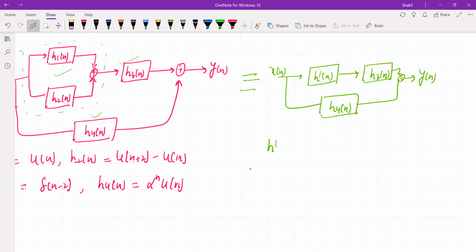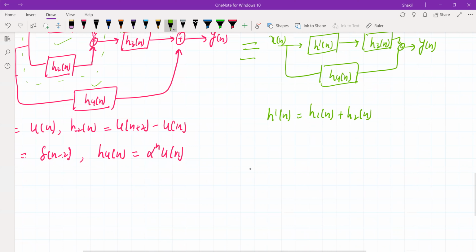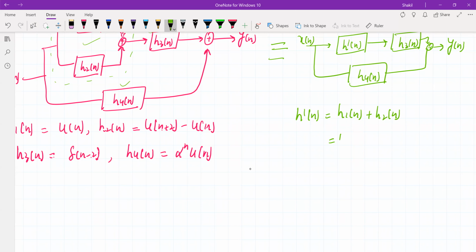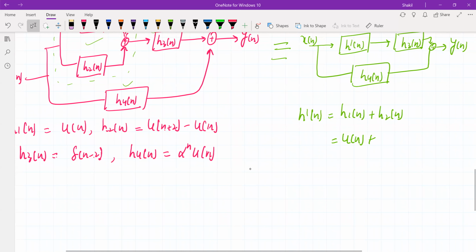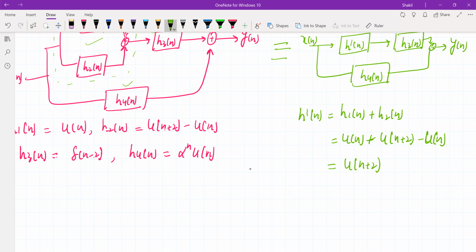Now what's h dash of n? It is simply h1 of n plus h2 of n. What's h1 of n? It is u of n. What's h2 of n? It is u of n plus 2 minus u of n, and you can see u of n cancels with u of n, so it will be u of n plus 2, simple.